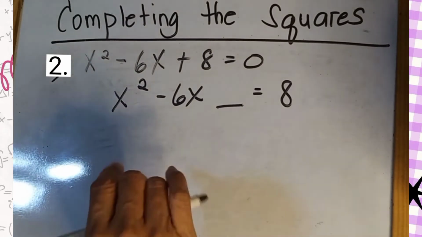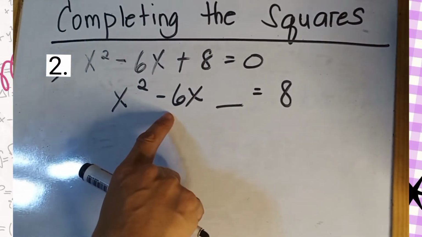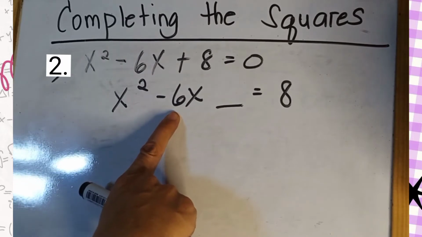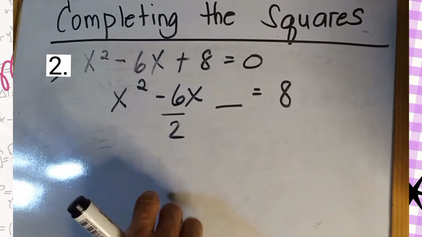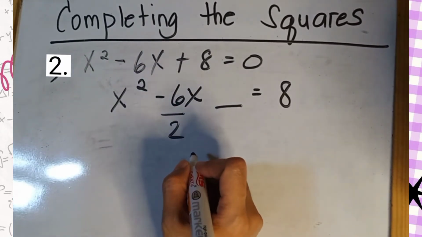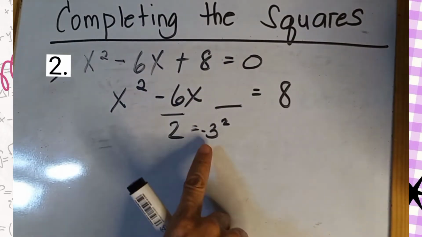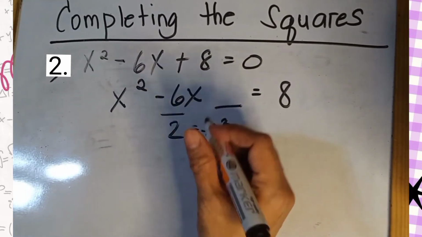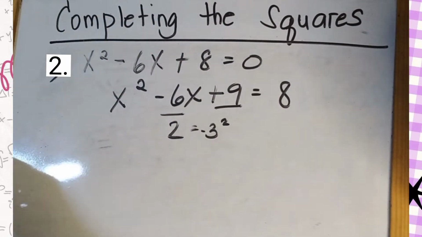So to find the missing term, di-divide natin si second term, which is negative 6x. Kukunin lang natin si numerical coefficient, which is negative 6. Divide it by 2, which is negative 3. Then i-squared natin si negative 3. That will become negative 3 times negative 3, that is positive 9. So our missing term is now positive 9.